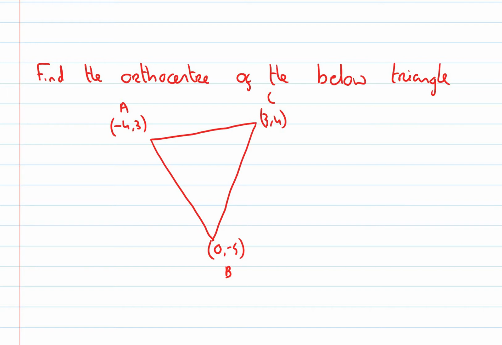Okay, here's what I do. I am going to find the slope of one of the sides. I'm going to find the slope of this. Why would I find the slope of this? Because if I find the slope of that, then I know the slope of the line perpendicular to it will be its opposite.